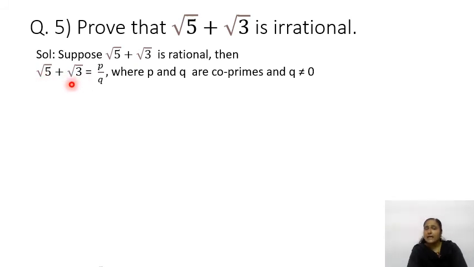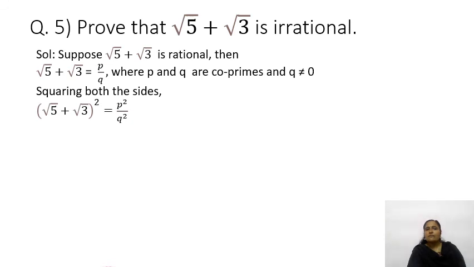If it is an irrational number, then here only we can do squaring on both sides, because we have irrational numbers in both the terms. So squaring both sides, we will get (root 5 plus root 3) the whole square is equal to P square by Q square. We'll use the identity. Then we will get 8 plus 2 root 15 is equal to P square by Q square.